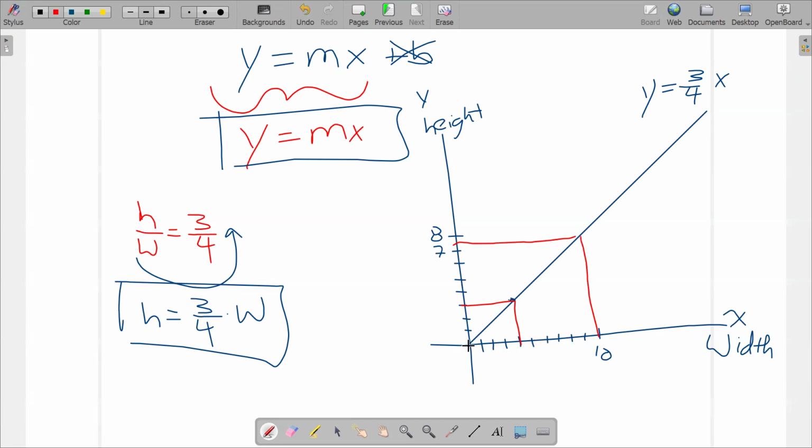What was the other one we found? 12, 9. So if we wanted to have the same shape rectangle and we say the width would have to be 12, then we found that the height had to be 9. So that would be up here. And all those rectangles have the same shape.